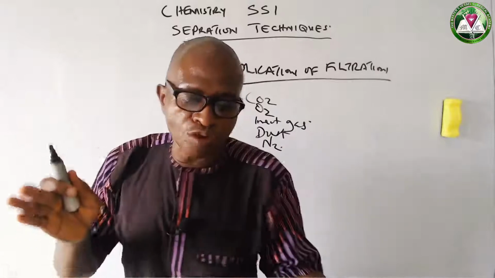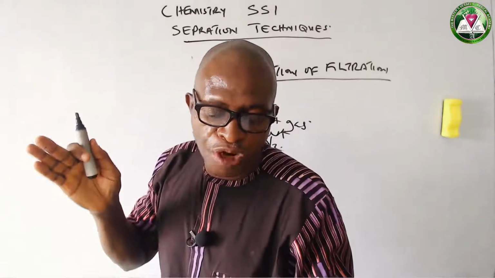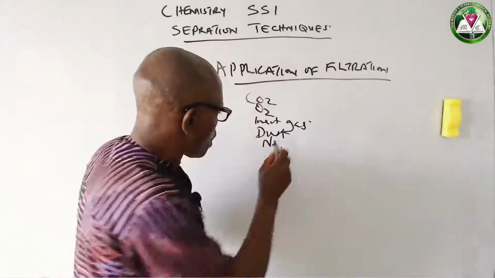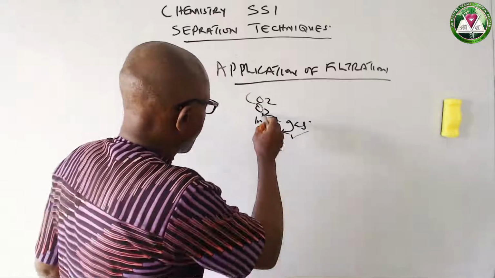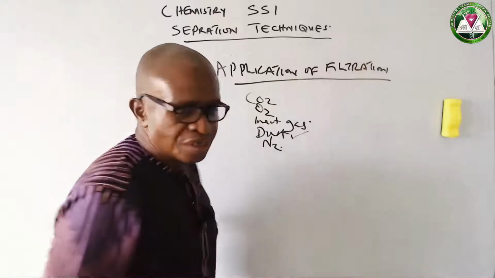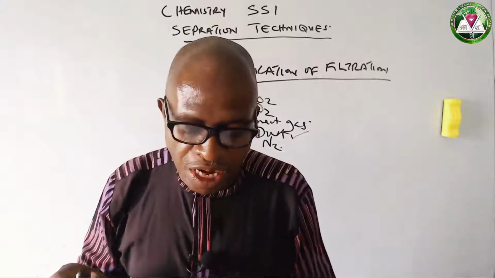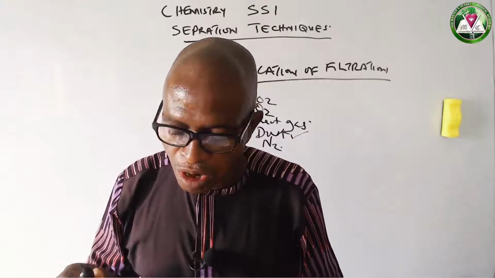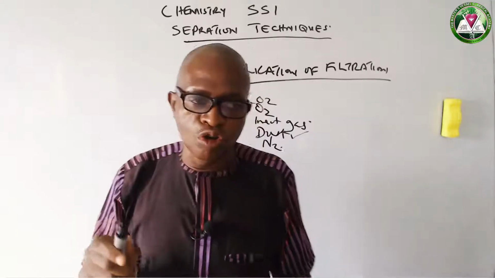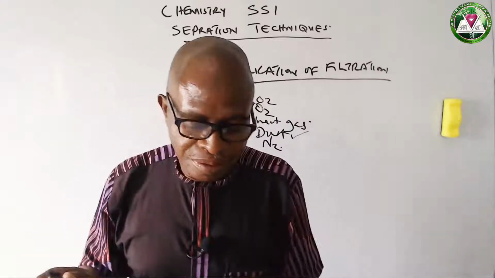Therefore, what will be removed during the filtration will be dust alone. All the other components of air will go through. Therefore, you apply filtration in purification of air prior to its liquefaction.